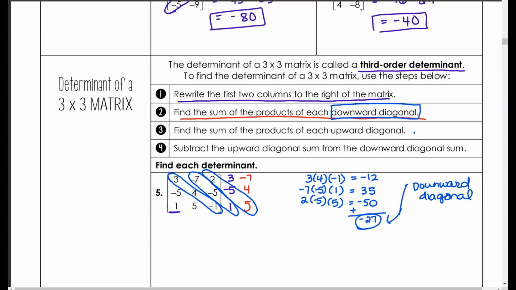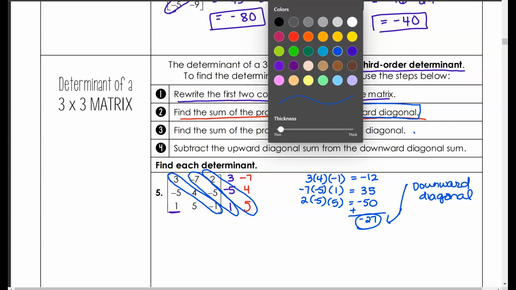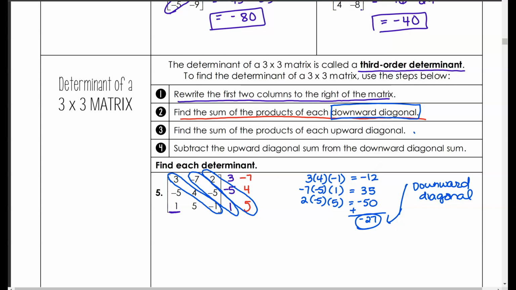I'm going to change colors here. Let's do orange. Now we're going to find the sum of the products of each upward diagonal. Wherever I can find an upward diagonal, I'm going to sum those products. Notice that I can go 1, 4, and 2 this way.